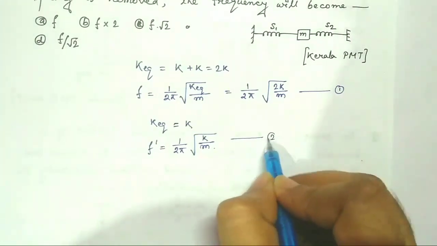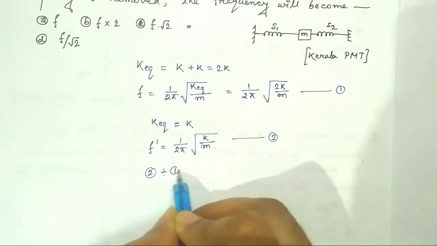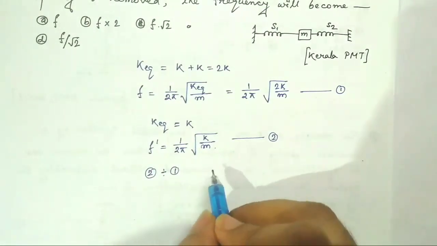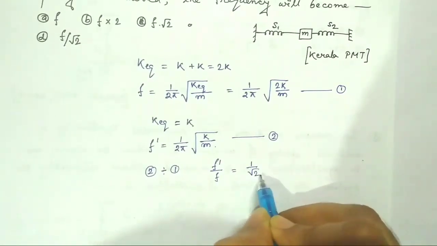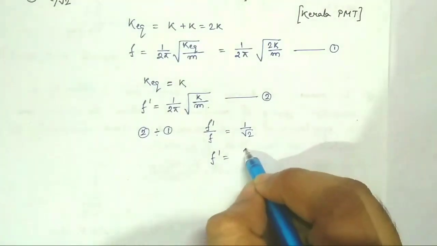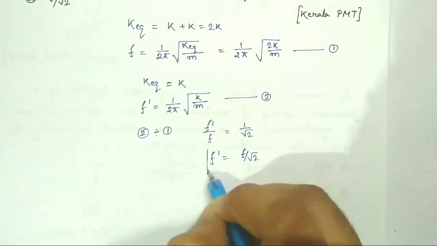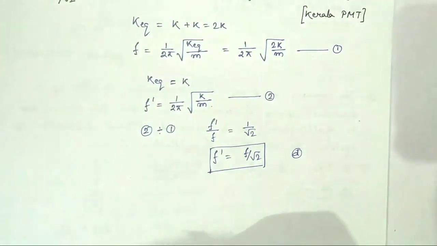This is my equation number 2. Now, divide equation number 2 by equation number 1, we get f prime by f equal to 1 by root 2, or we can write from here f prime equal to f by root 2. That is option D is the right answer.